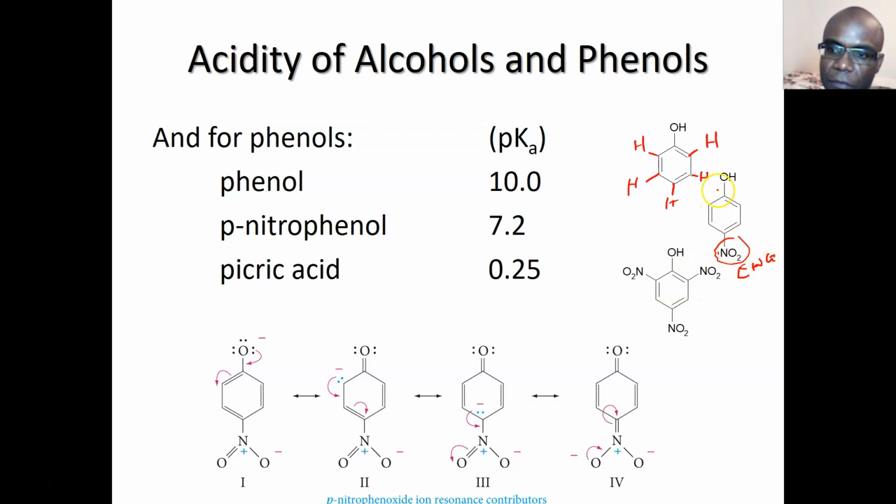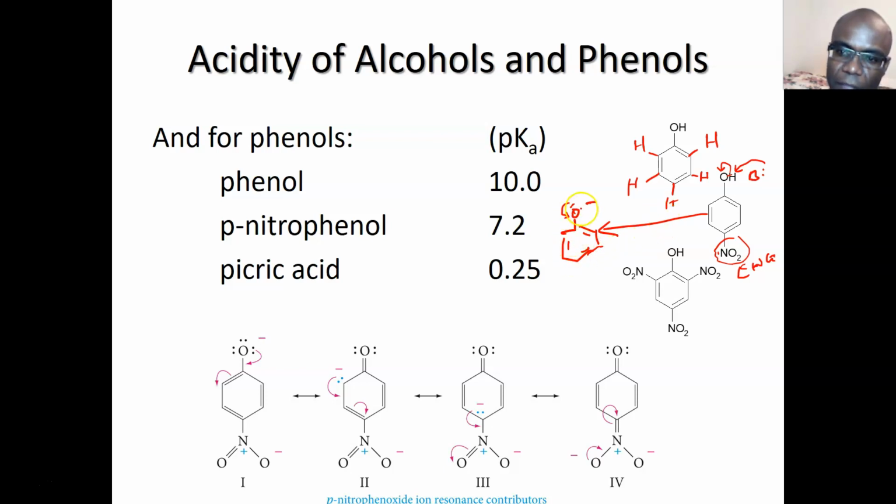So if you have an electron withdrawing group, that helps because once a base is used to take out this acidic hydrogen, you put the 2 electrons that made the bond between O and H on the oxygen, you get O minus. Now, the O minus can use its lone pair to do resonance. So the resonance is what is shown here.